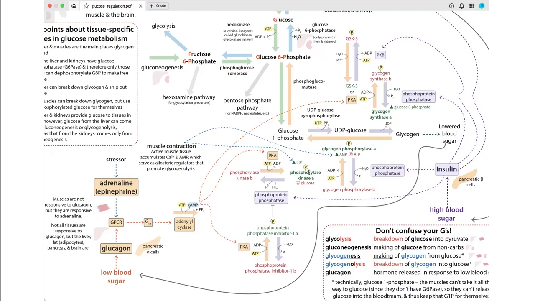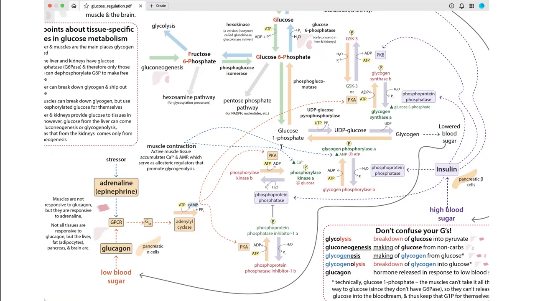Phosphorylase kinase is going to be phosphorylated by PKA, that same PKA that we saw before. So remember, before we saw how PKA could inactivate our glycogen synthase and thereby prevent glycogenesis.